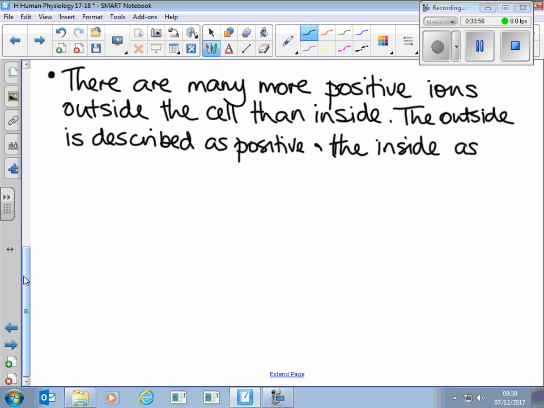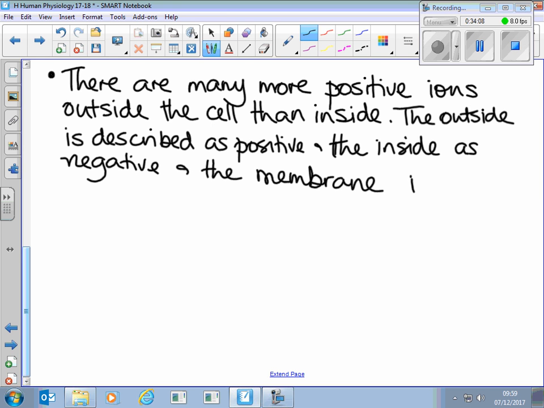It's not an absolute sort of charge thing. And the membrane is polarised. That means we've got the two extremes, the positive and negative.